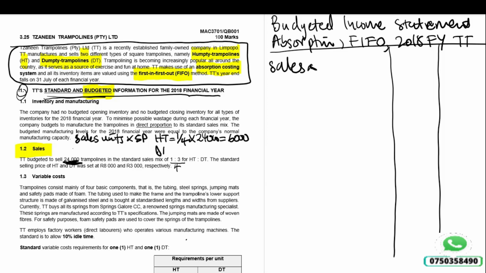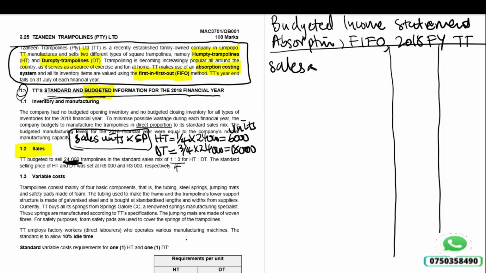And then DT equals 3/4 multiplied by 24,000, which gives 18,000 units. These are sales units, but to get the revenue we need sales units times selling price.